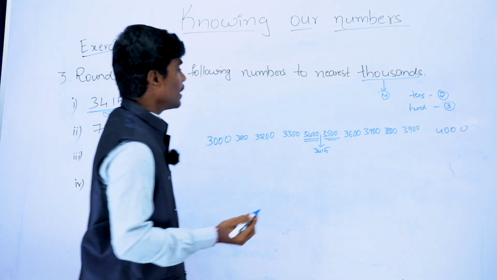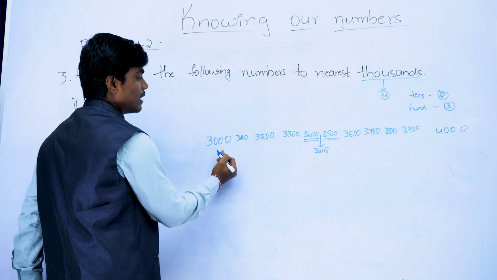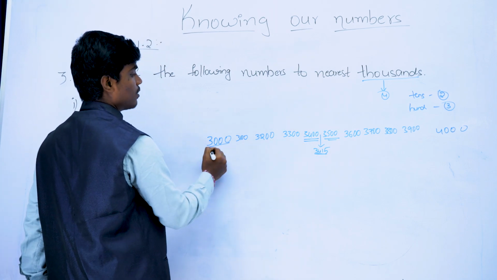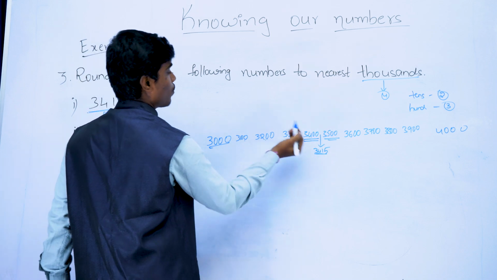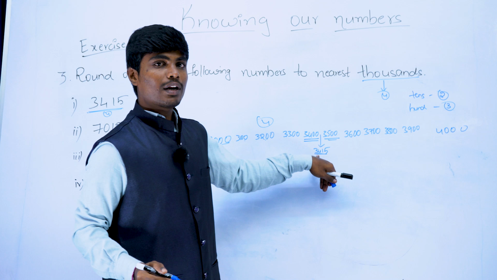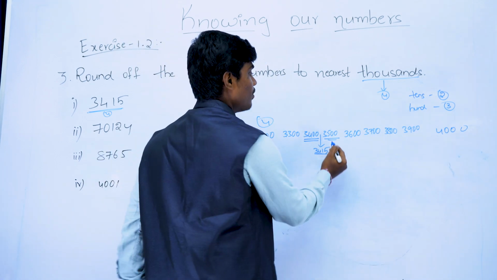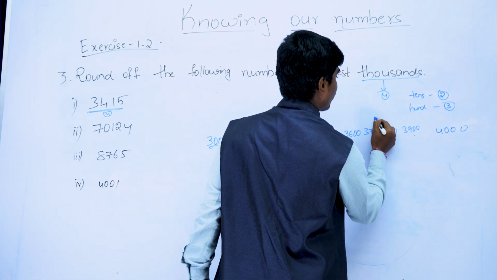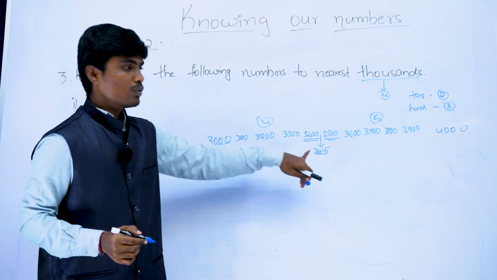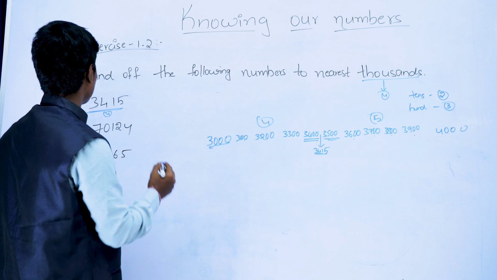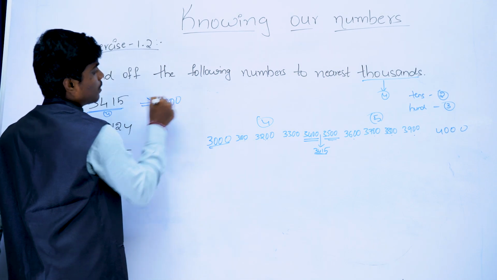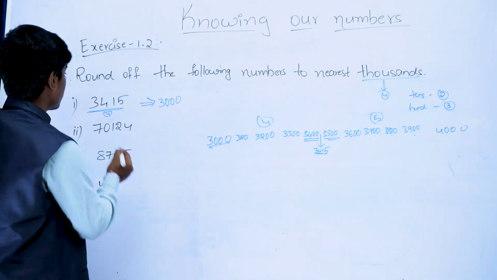If we check the distance between 3,415 and 3,000, we have 4 numbers. If we check 3,415 to 4,000, we have 5 numbers. See, 3,000 is nearer than 4,000. So the answer is 3,000.